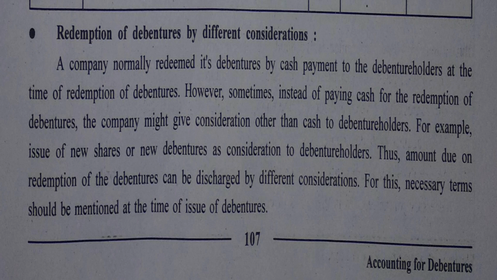You pay the amount through bank. Yes, the amount will be paid. But there are different considerations other than this. That means the cash paid. Except for this, there are other options even. And that we are going to understand in today's lecture.